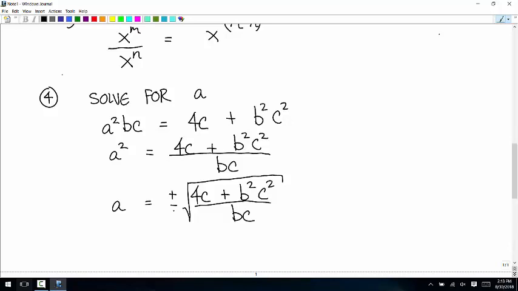You square it, you still get the same thing. So we can't differentiate between whether this is 2 or negative 2.